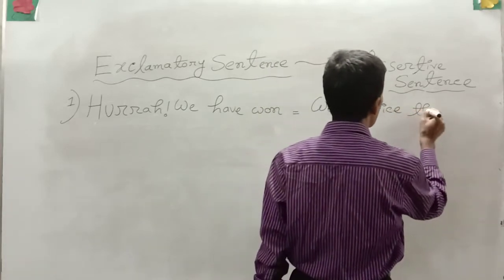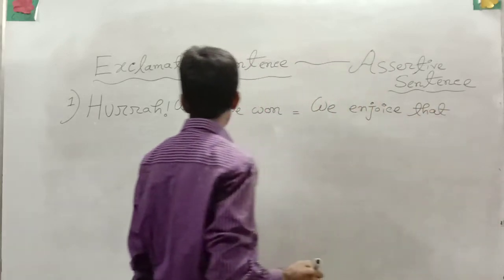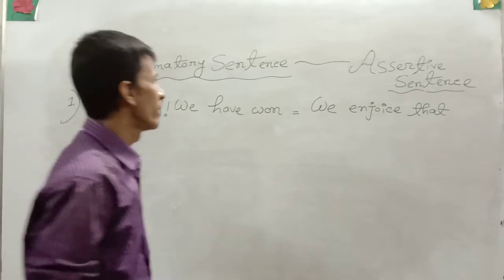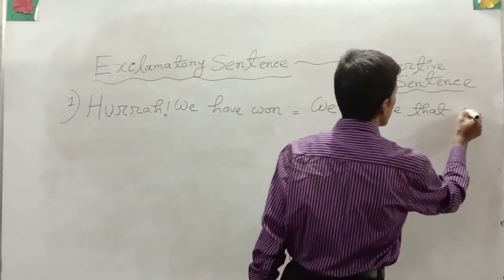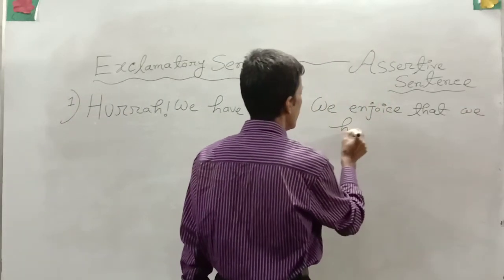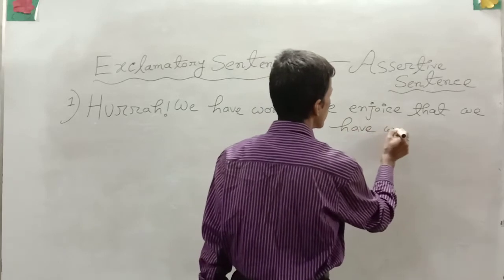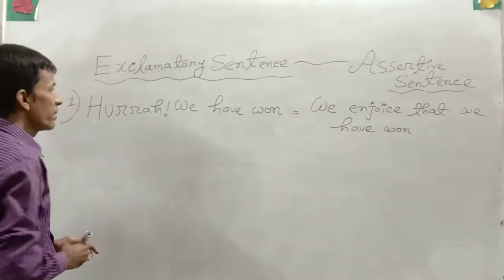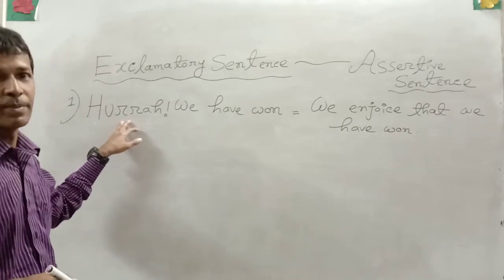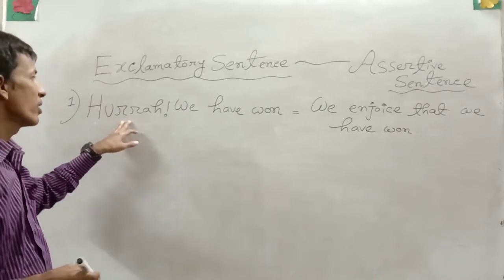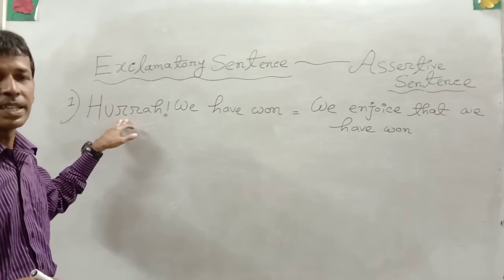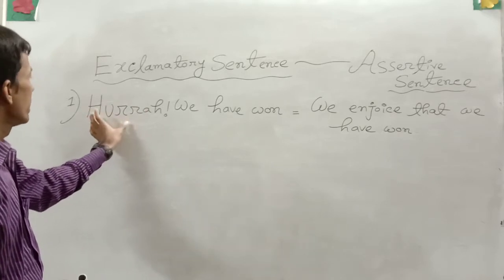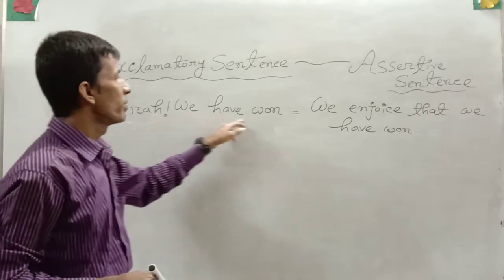And at last, the complete sentence will have to be placed by writing we have won. You know that all types of interjections are not similar to each other and they are not expressing same kind of feelings or same kind of opinion. And this type of interjection always depend on the complete sentence.